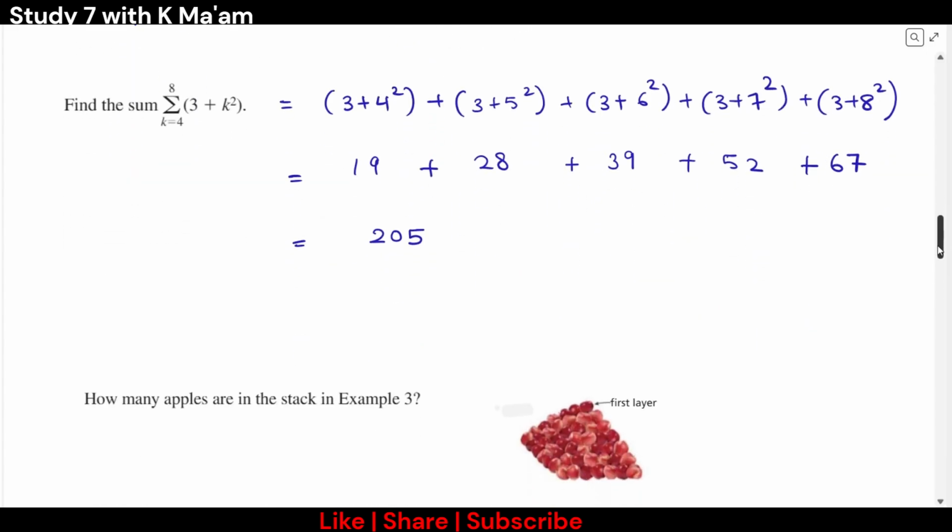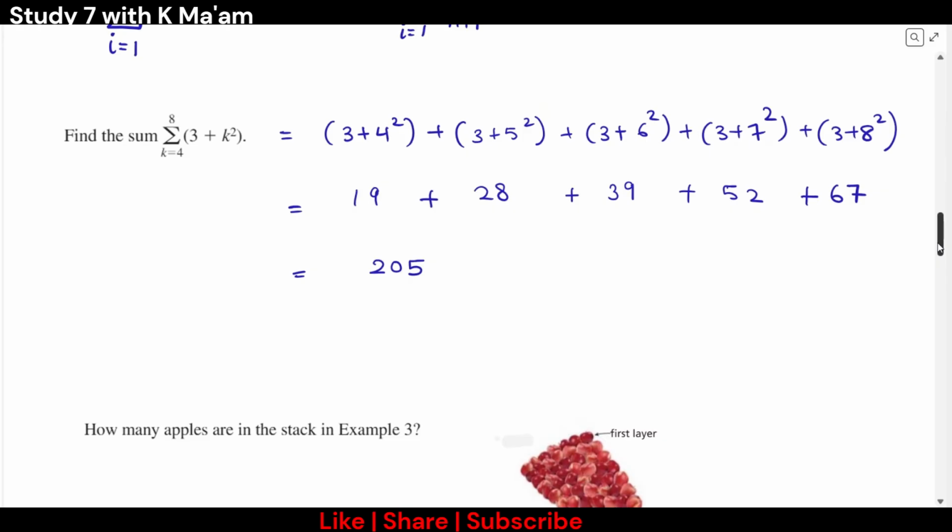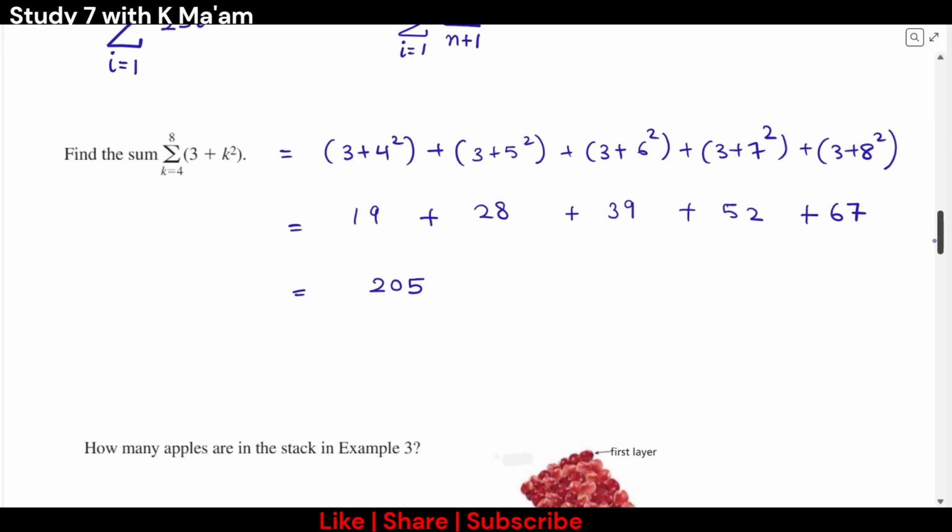Now we will write some formulas. Formulas to calculate the sum. If you have only a single term without changing, so it's like only 2 is getting added. 2 plus 2 plus 2. Every time 2 is adding, but maybe 10 times. 10 times 2 is adding, 20 times 2 is adding.